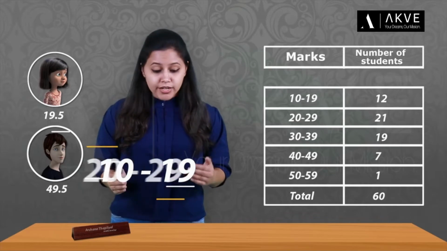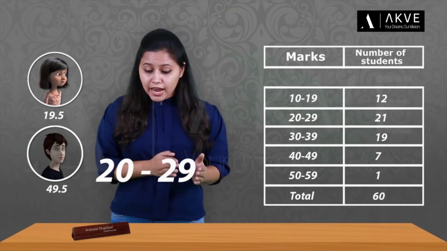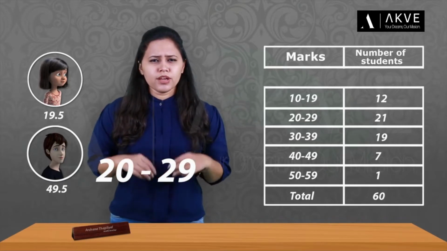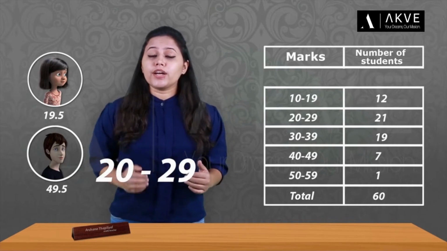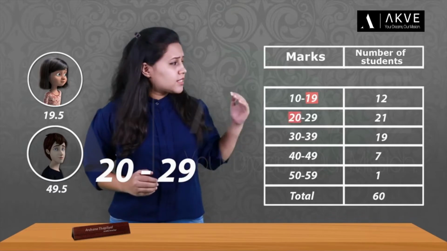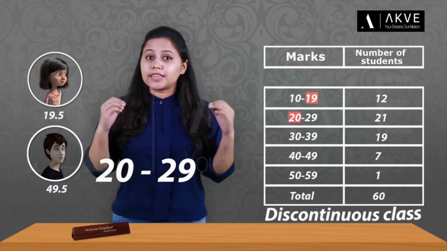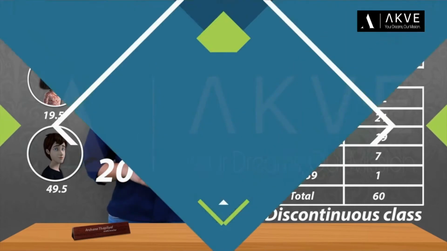Similarly, the class 20 to 29 includes scores 20, 29 and the in-between scores. So where shall we include 19.5? We cannot include it in the one ending with 19, nor in the next one starting with 20. This means we have to change this table and its classes.